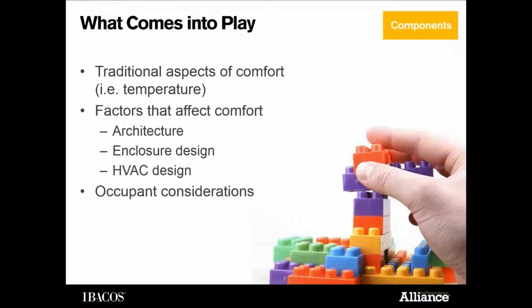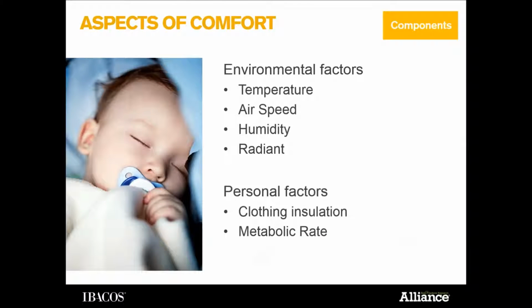Then we talk about the typical factors, which is the enclosure design that we're all used to looking at, and also the HVAC design and how they're integrated together, because I think that becomes very important to looking at a thermal comfort metric. And then lastly, which is the most difficult part of this, is how do we consider occupants living in that home, but also living in that design of the home? So we want to talk about those aspects.